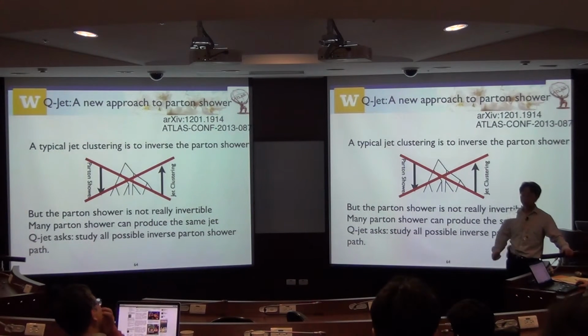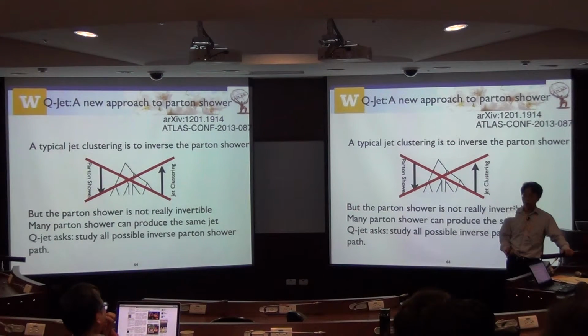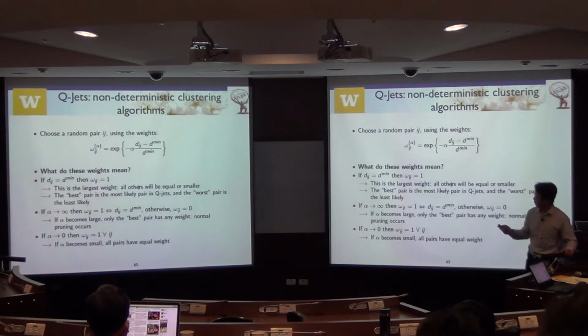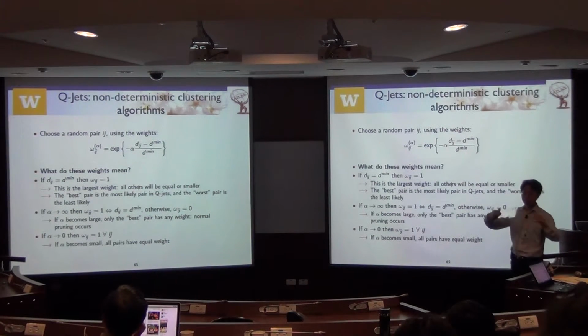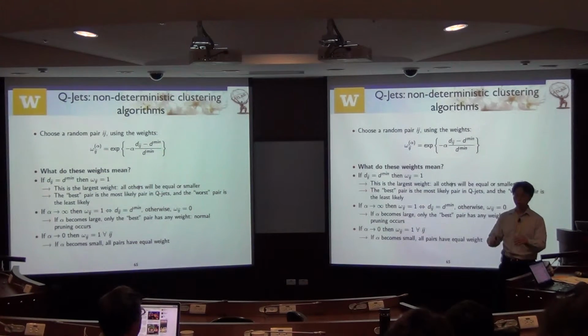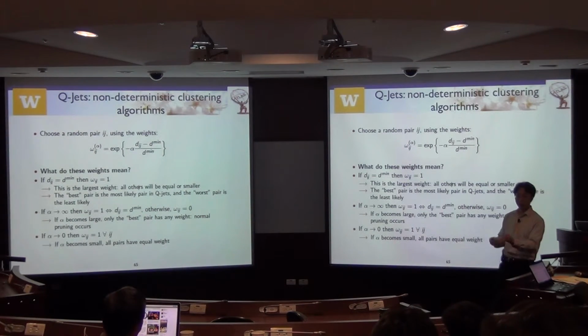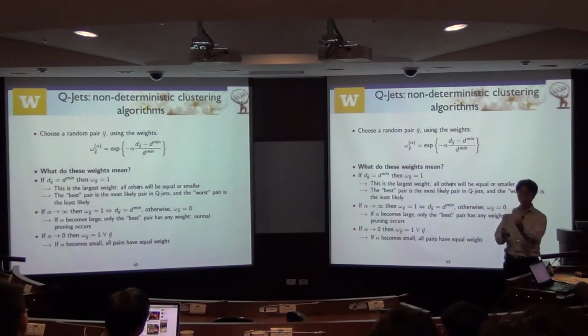When you say quantum here, do you mean stochastic? I say random number. The way we practically do random number generation. So the way we do it is here. When I do the clustering, every time I have a pair of objects, ij, I introduce a weight.